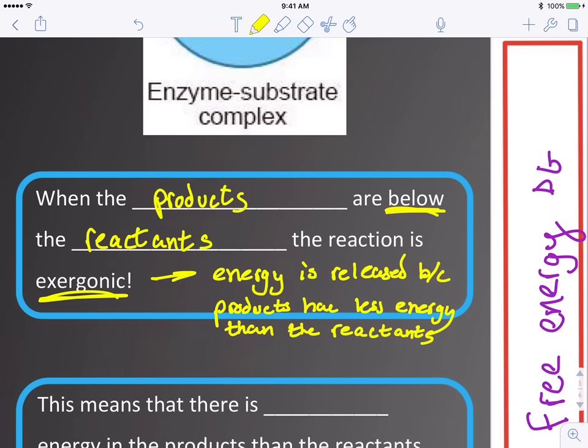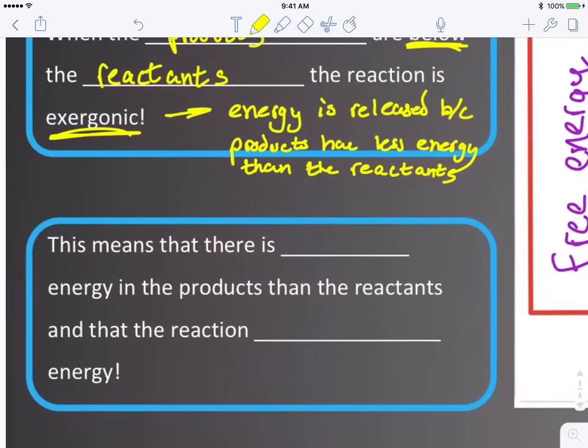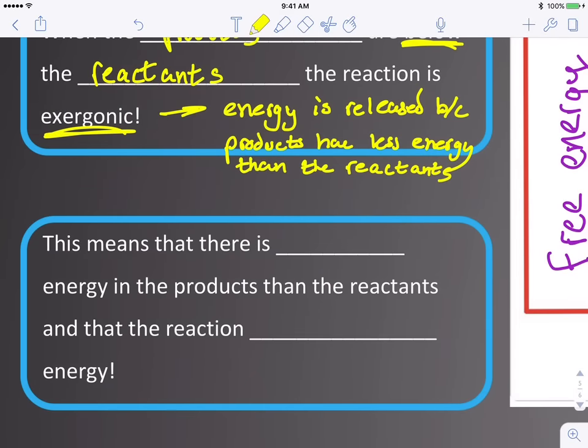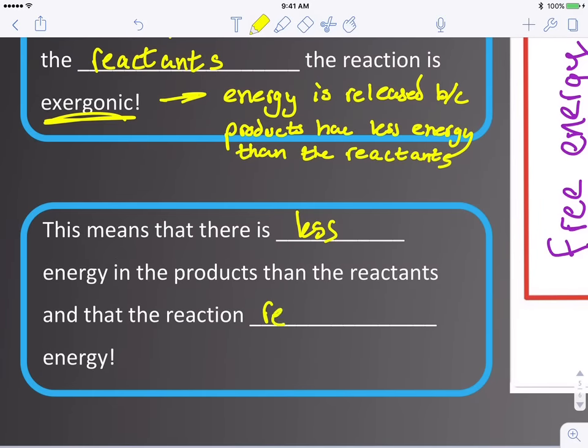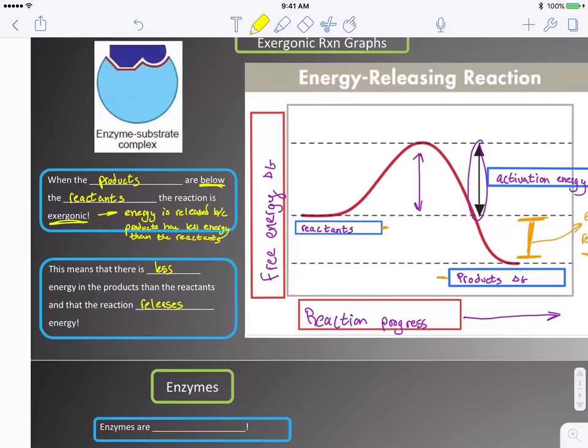Cool? And that's basically what this point below is saying. This means that there is less energy in the products than reactants, and that the reaction releases energy. And that's, again, exactly what we see.